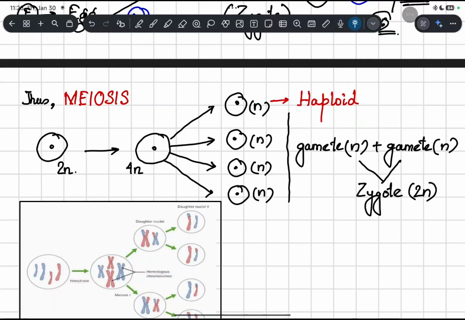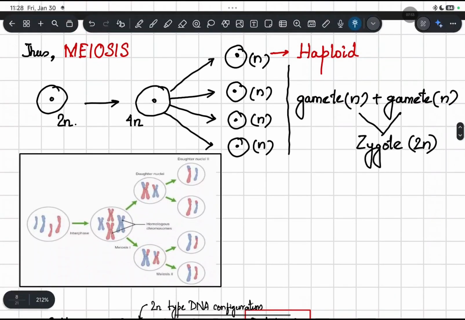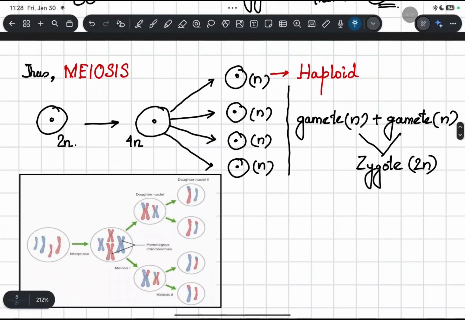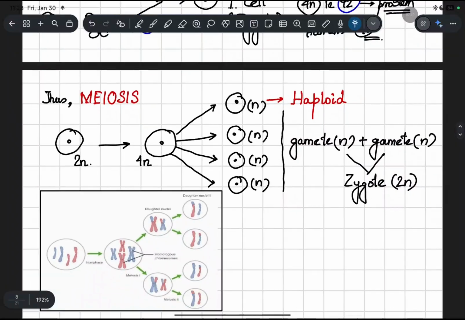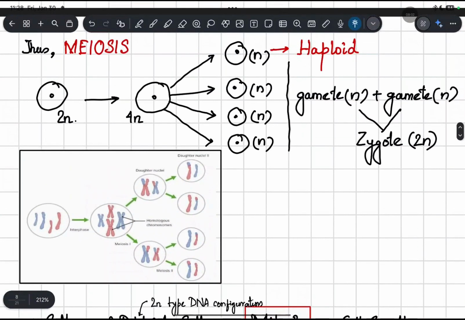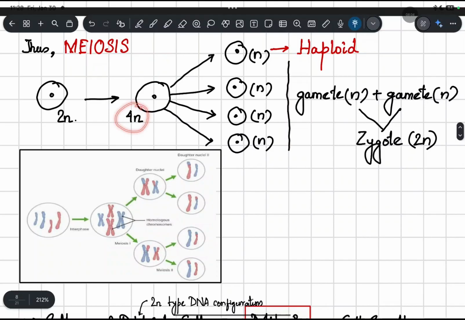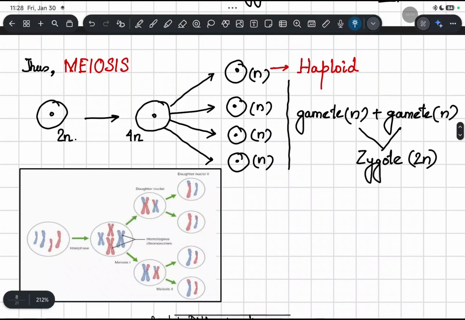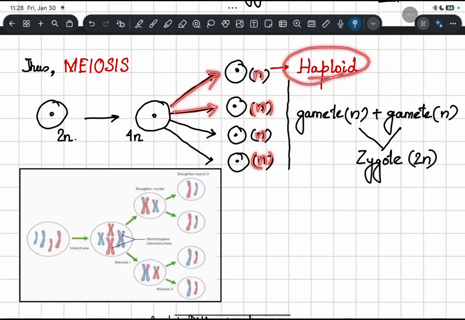But under meiosis, what we'll have is, first, we have 2n configuration. First the chromosomes will replicate themselves to 4n, and then from 4n, four n cells will get formed, and these are called haploid configuration.